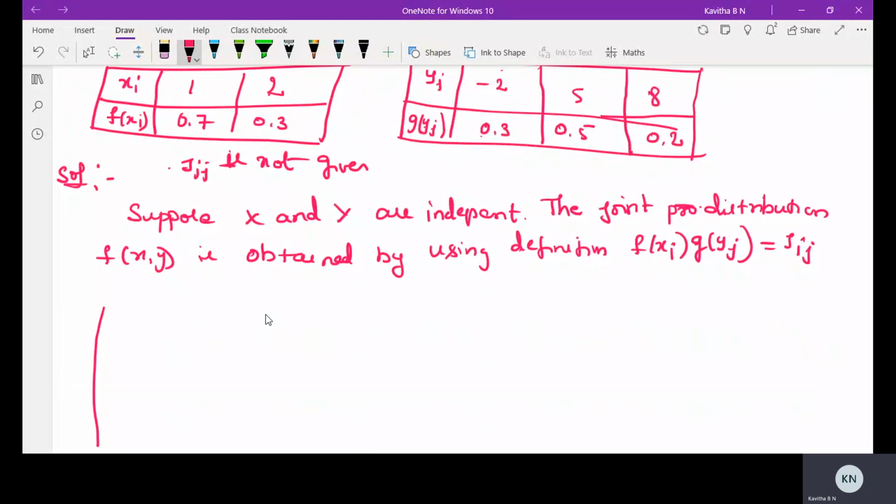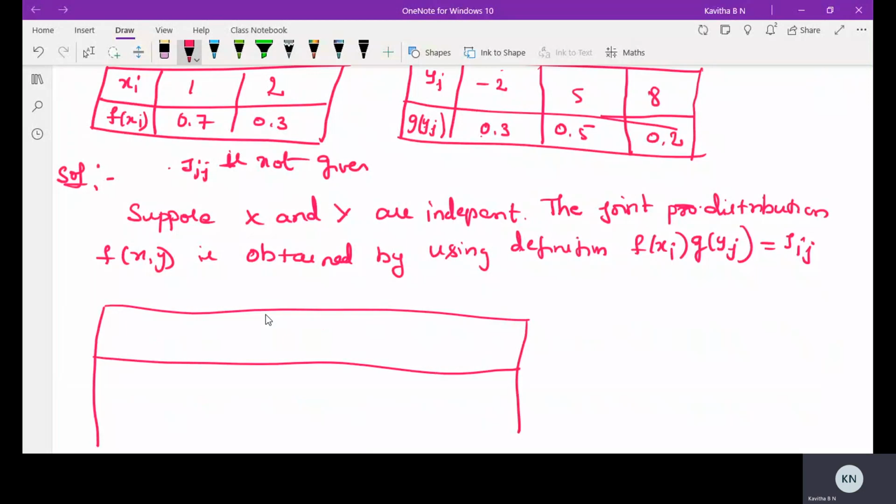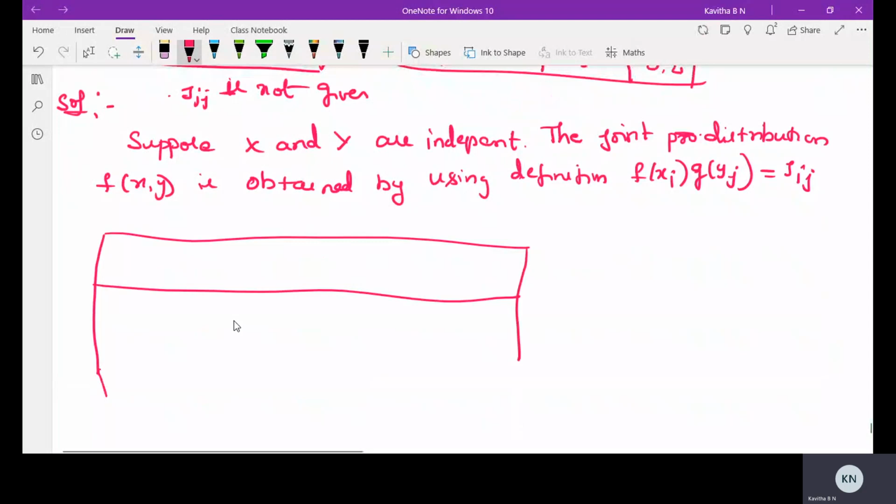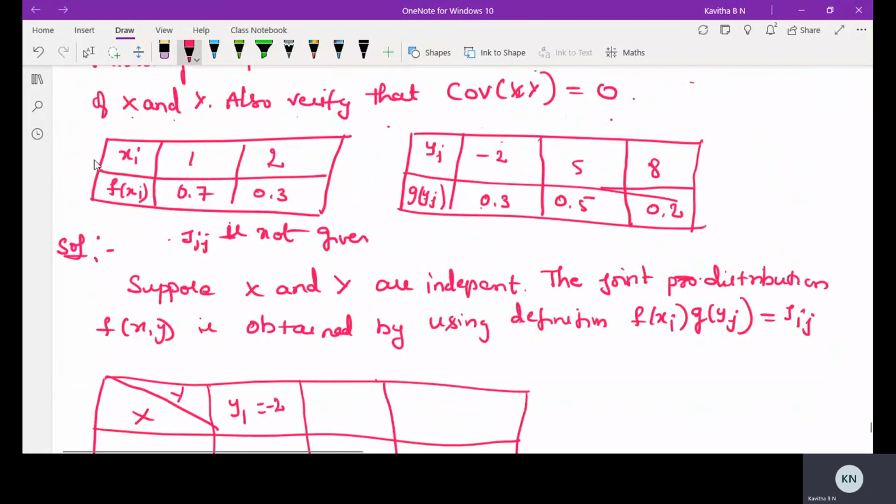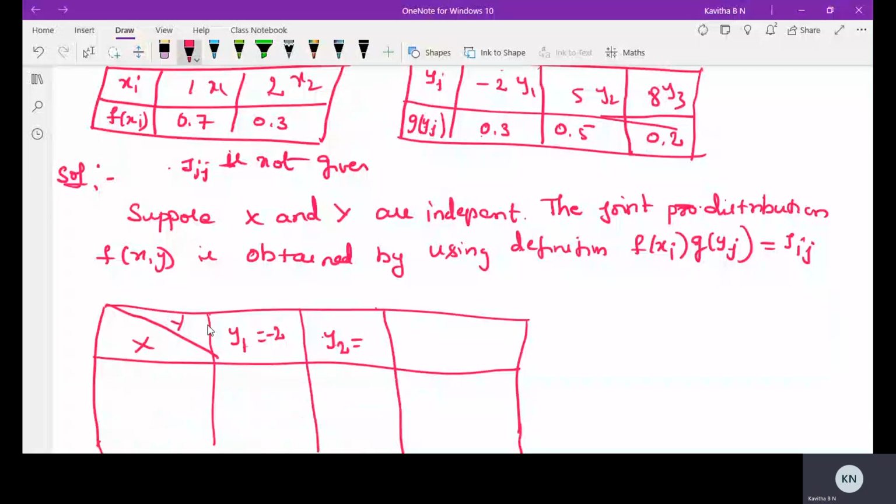Then observe here, we have to construct the table here. Row wise we are writing the y values: y1 is equal to minus 2, y2 is equal to 5, y3 is equal to 8.